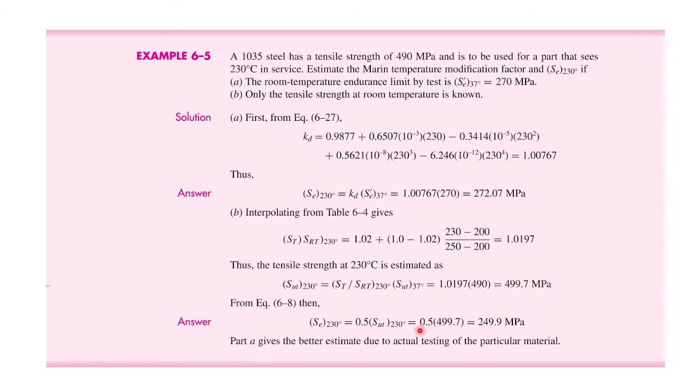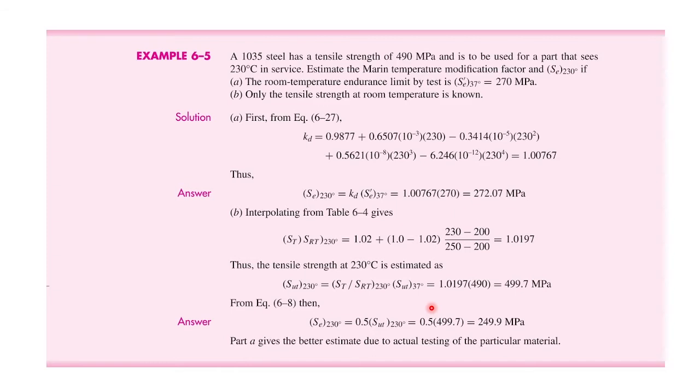You take this and multiply it by 0.5 to find the endurance strength. Okay? Of course we know the 0.5: for steel alloys the ratio between endurance strength and ultimate tensile strength is 0.5. And there is a limit to where this equation is valid.